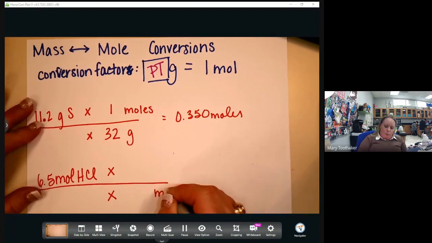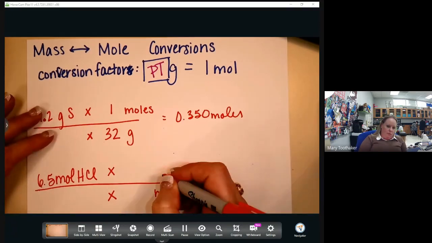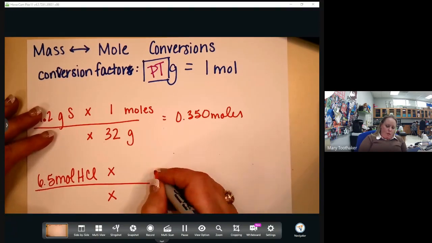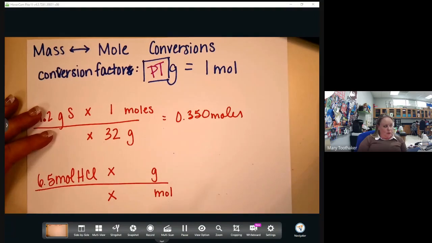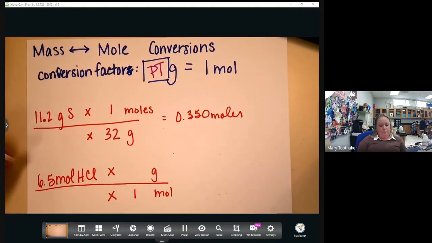I am so bored with this because it's so easy. And I want to know the mass, so I'm going to put grams there. What number goes next to the word mole? And what number goes at the top? HCl, yeah. You have to put hydrogen and chlorine and add those together. Which is what?